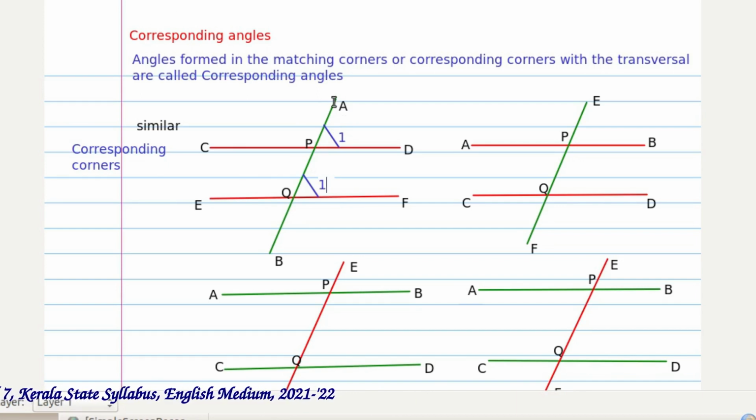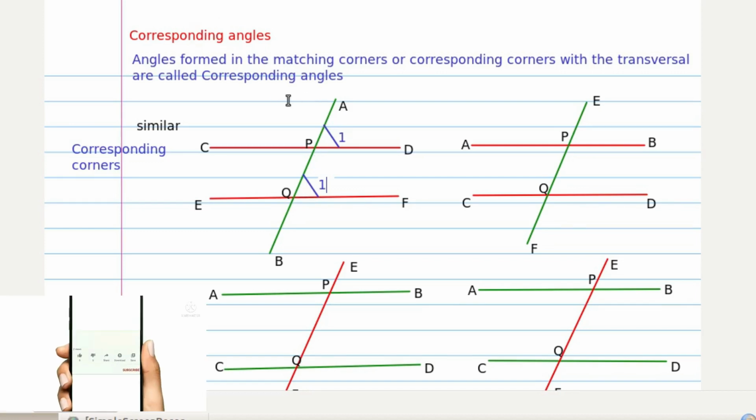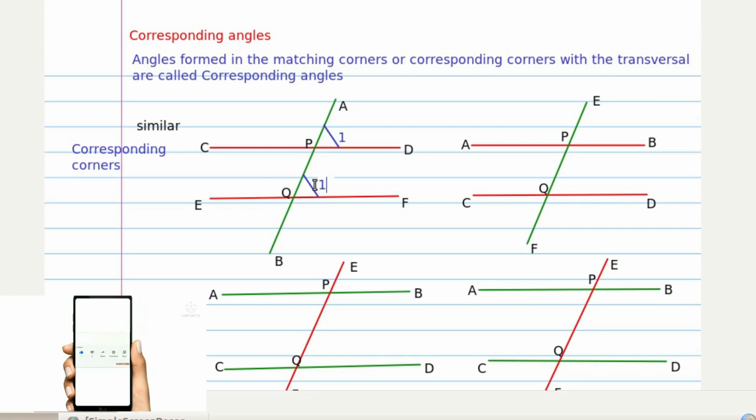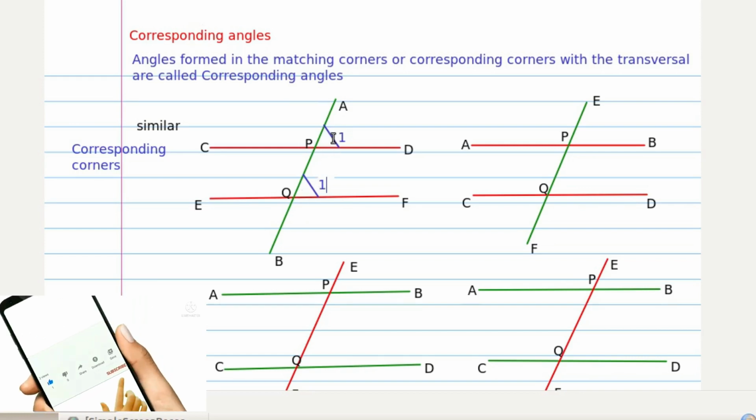So this angle APD and angle AQF, these two angles are in the same positions, in the matching corners. So these two are corresponding angles. We can say this is pair of corresponding angles number 1.